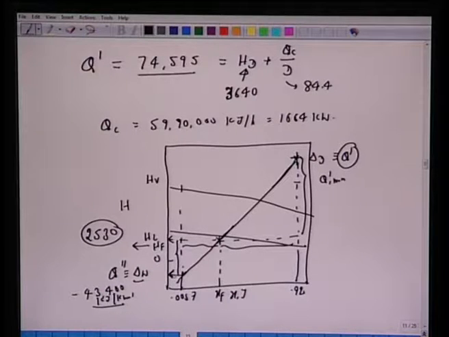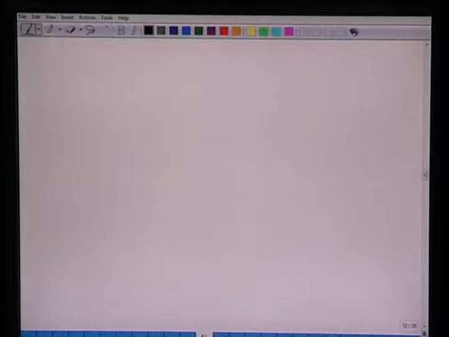Similarly here Q dash or del W, either we read from the graph by extending this line here, or knowing the enthalpy of the different coordinates, different points, one can also calculate Q dash. So it's up to you whether you read from the graph or you calculate from the relations.